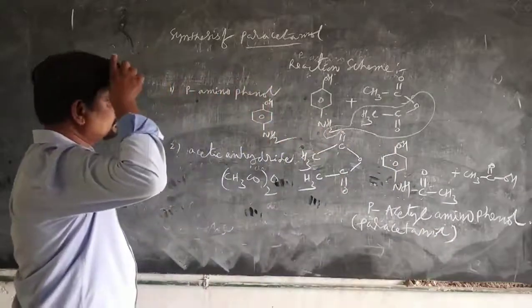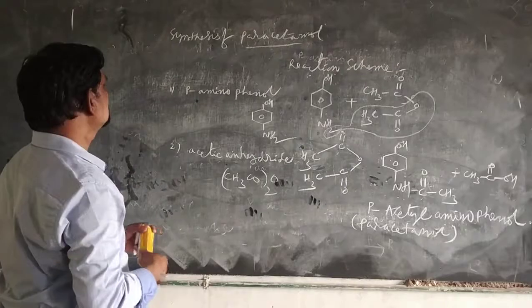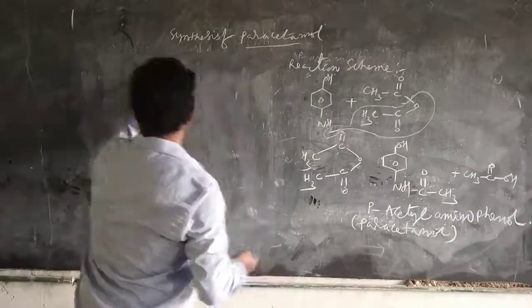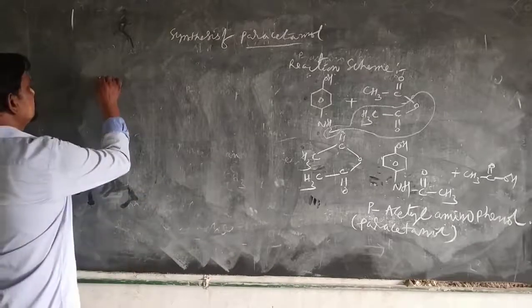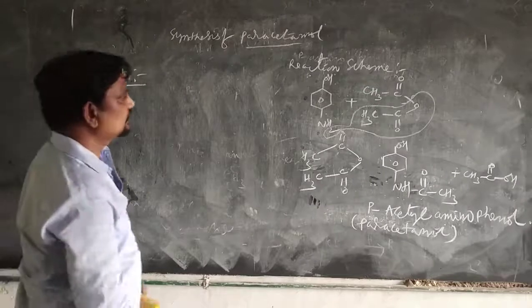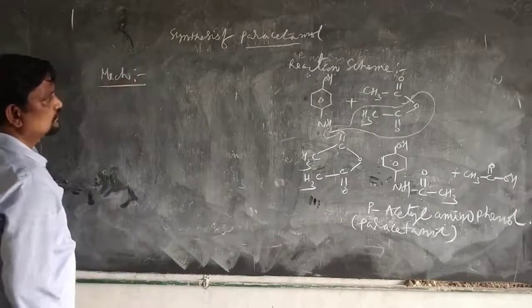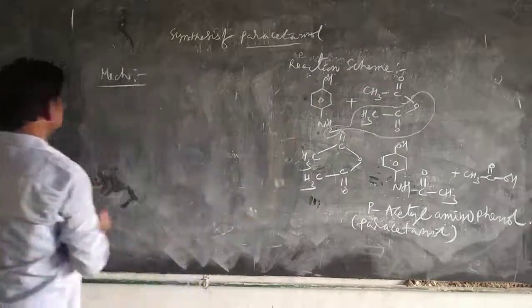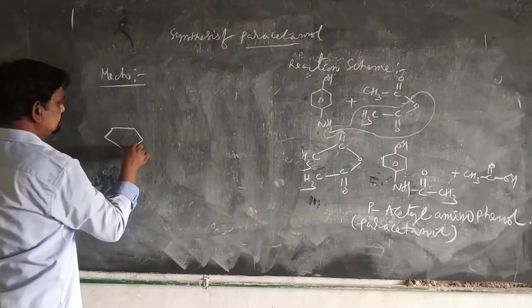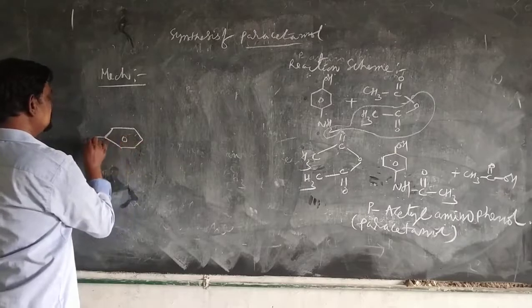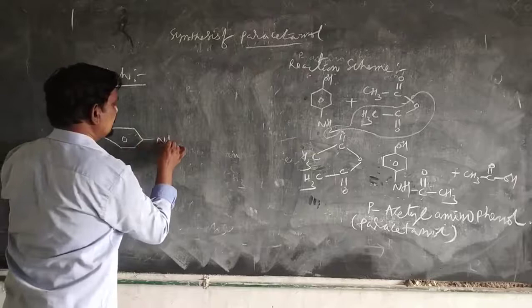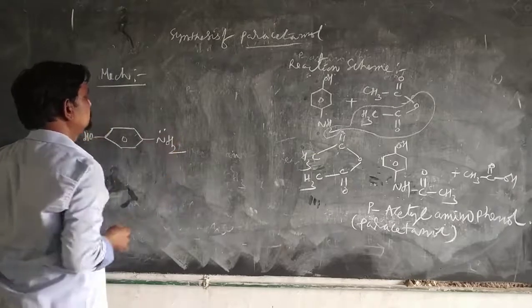So what is the mechanism inside the reaction? Para-aminophenol: a benzene ring attached with OH group and, at the para position, an amino group.